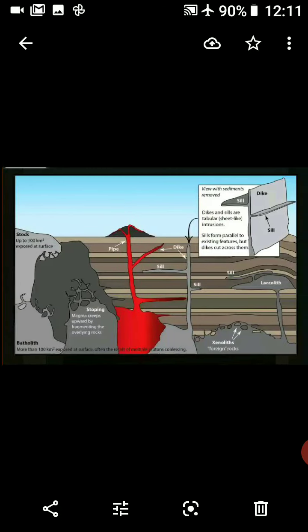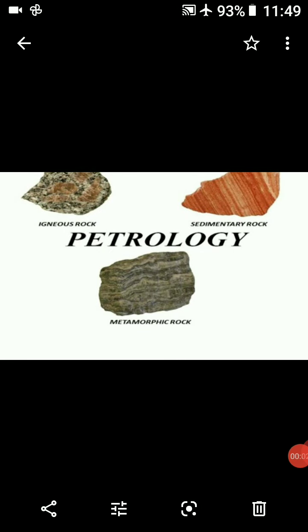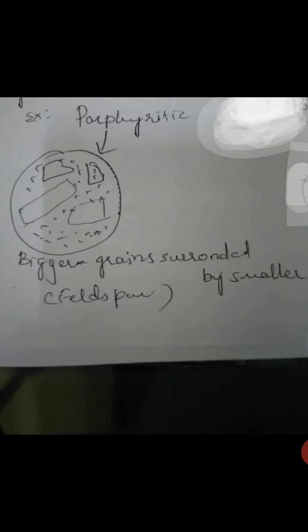The engineering use. What is the engineering use? Many igneous rocks, especially plutonic, have high crushing and shearing strength and are thus considered to be the most satisfactory rocks for all types of engineering purposes.